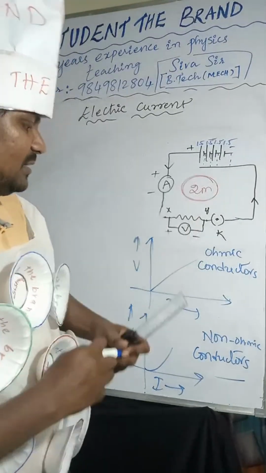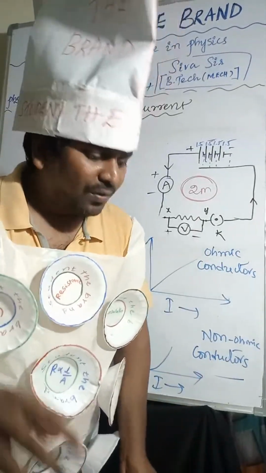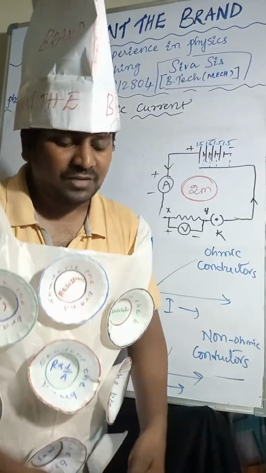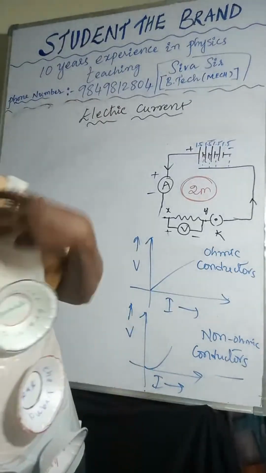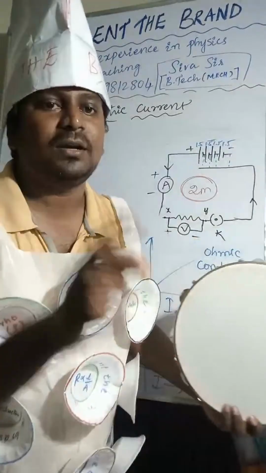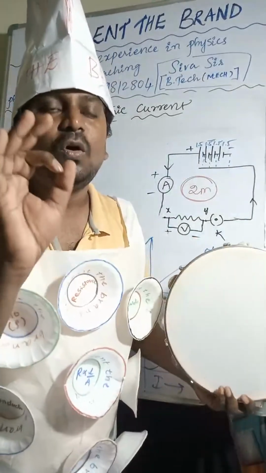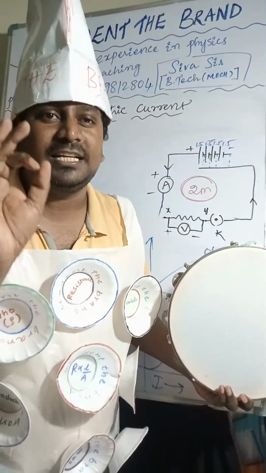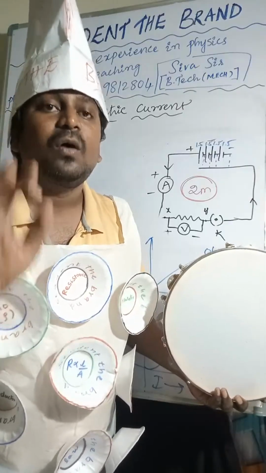What are ohmic conductors? Once again, very important, one more question. Listen carefully. Ohmic conductors are the substances which obey Ohm's law.